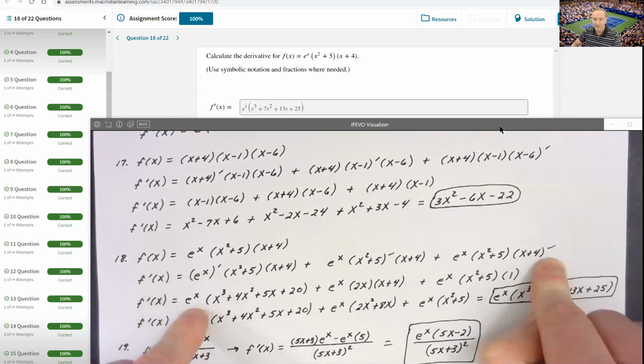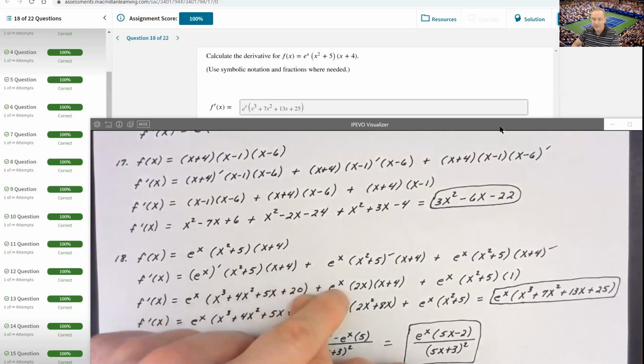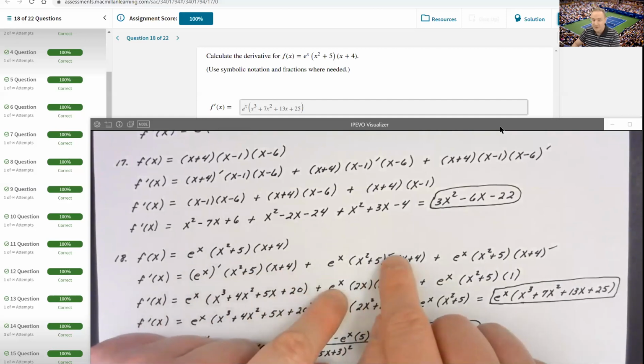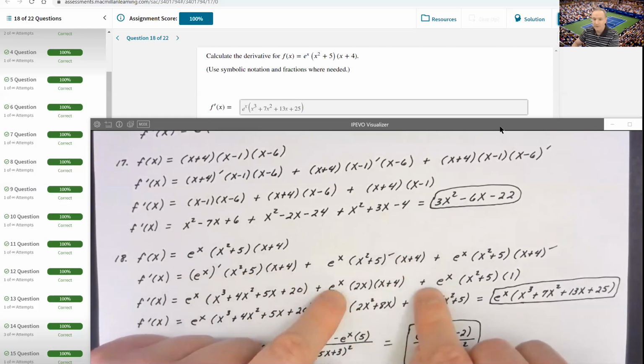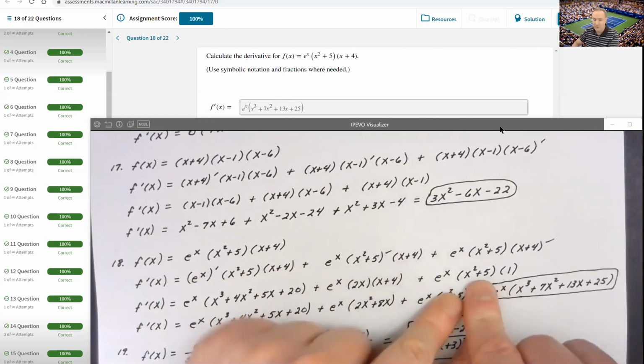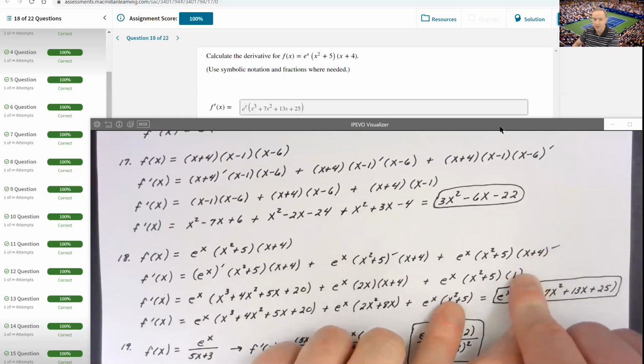So what I did from this step to this step, yes, I took the derivative of e to the x as e to the x, but then I just went ahead and FOILed out those two binomials. I knew it needed to be done at some point, so I went ahead and did it. In the second one, I'm going to have e to the x times the derivative of the second, which is 2x, times the third, x plus 4, plus e to the x times x squared plus 5 times the derivative of the third, which is just 1.